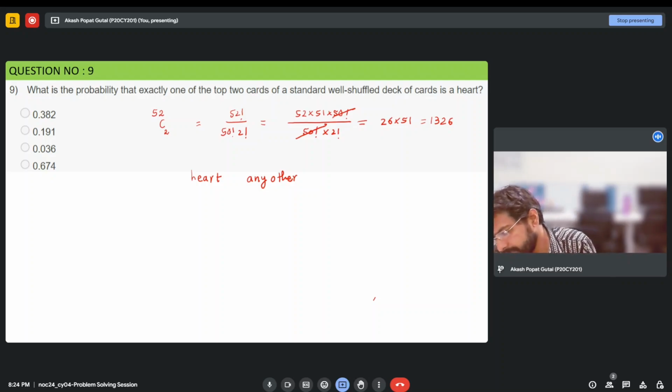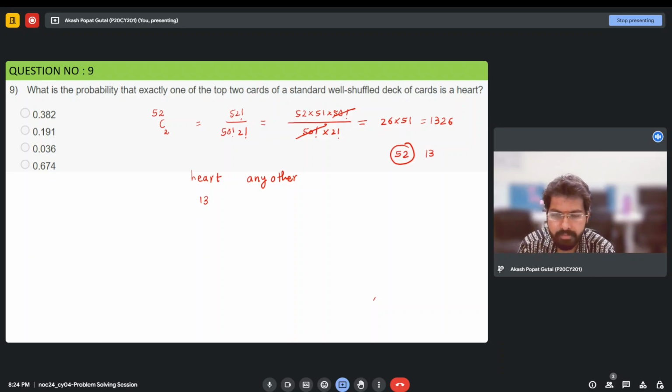In 52 cards we have 13 hearts, so this will be any heart from the 13, and the other cards are nothing but the remaining ones, which is 39.